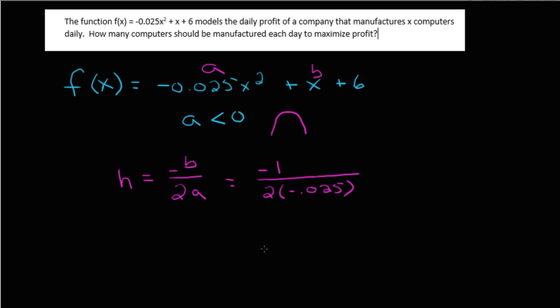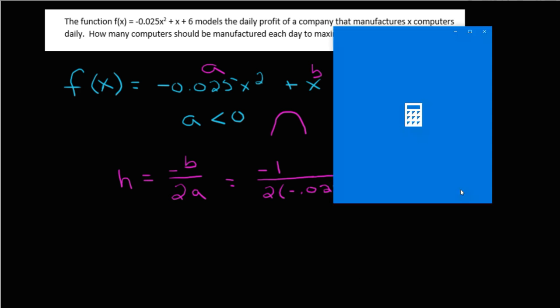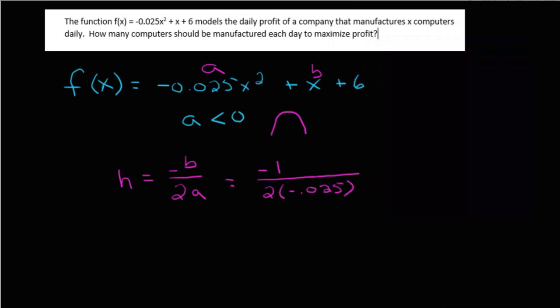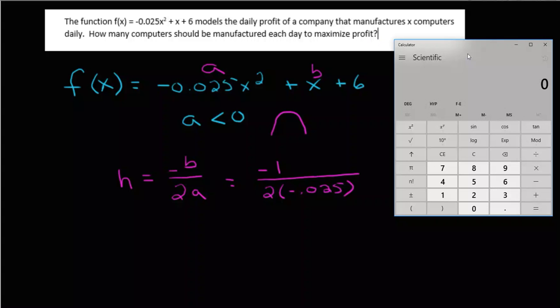At this point, we get our calculator. Let's try that again. There we go. So 2 times 0.025 is 0.05.